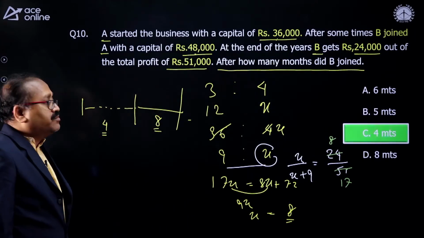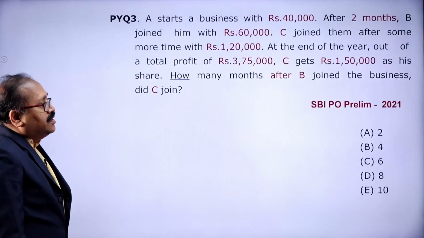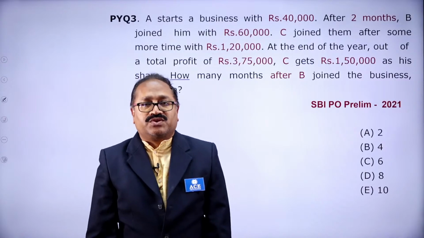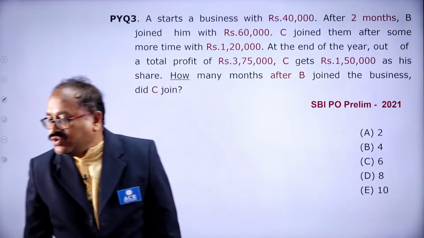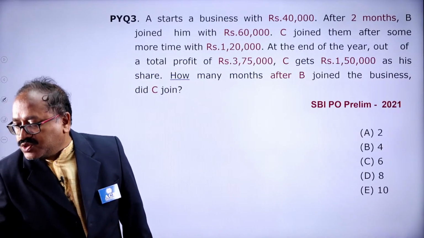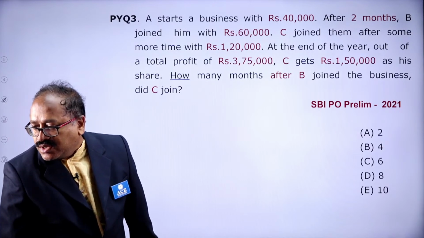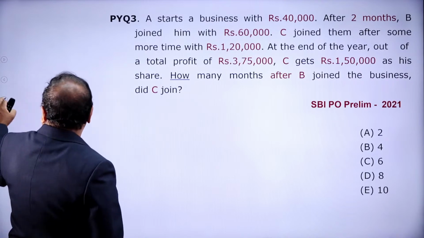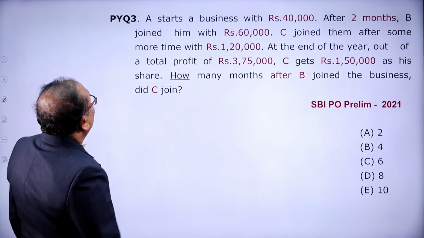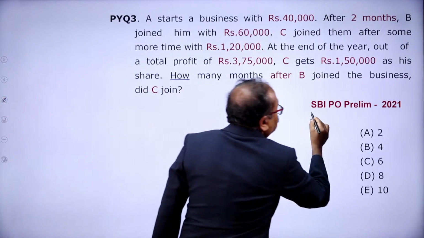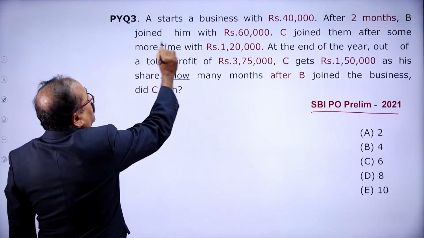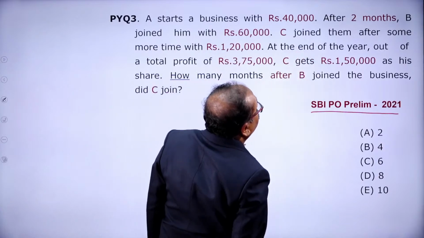Okay, so moving to the next one. Here is your previous SBI PO Prelim 2021 question. I request Dhanlakshmi and Gayatri madam to answer the question. Now you can see that this is the previous year paper. A started business with rupees 40,000.